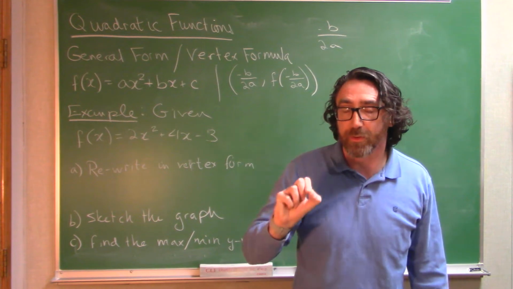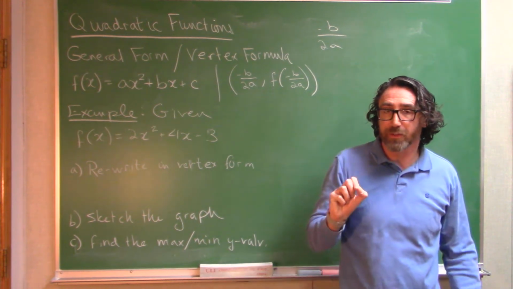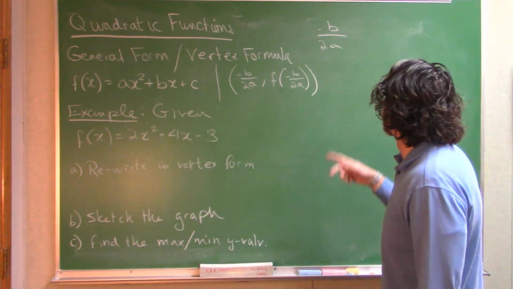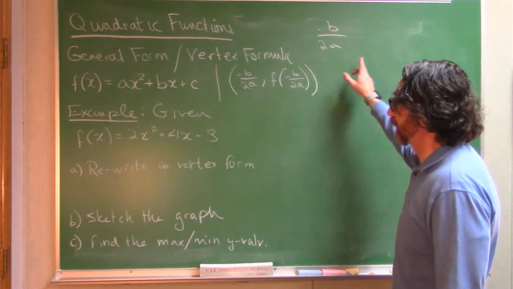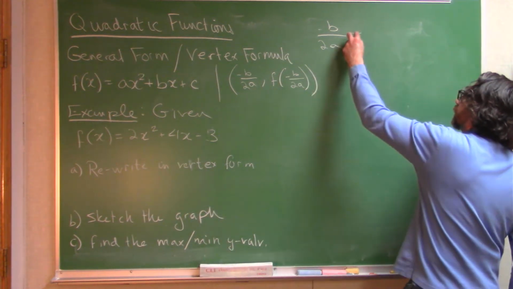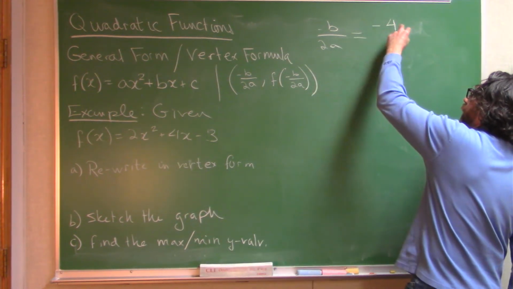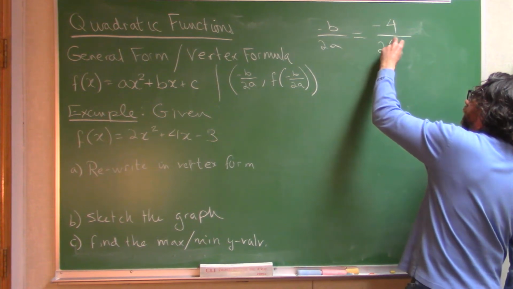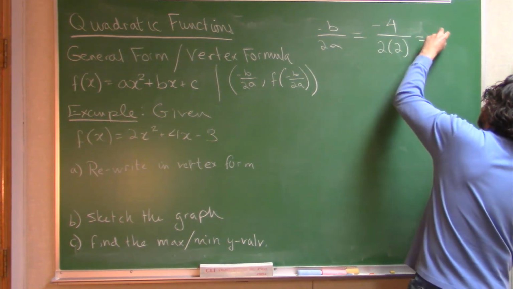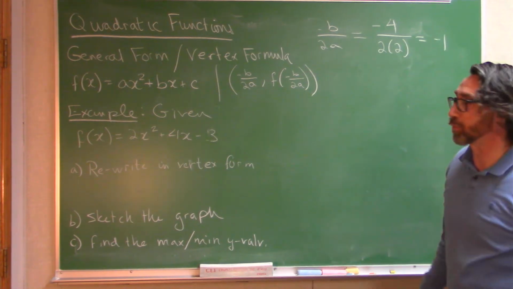If we know where the vertex is for our quadratic function, we're more than halfway home. The x-coordinate of my vertex is going to be -b over 2a. So -4 over 2 times 2, so -1. The x-coordinate of my vertex is -1.